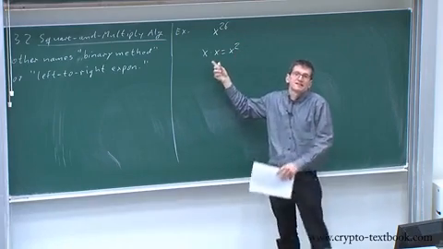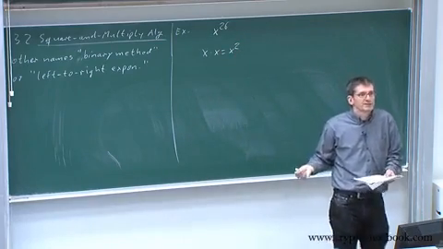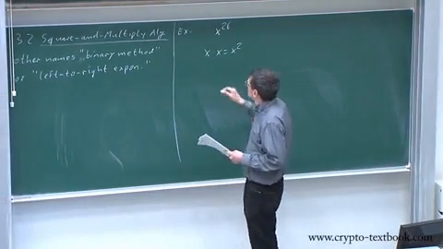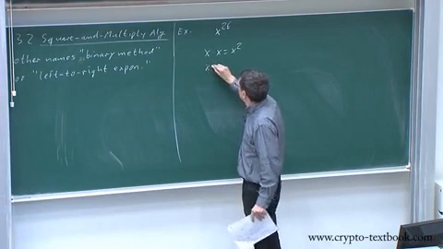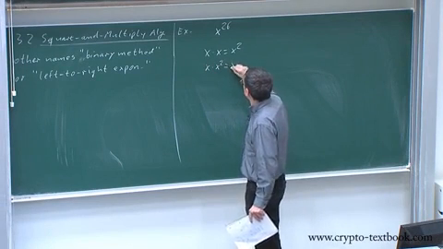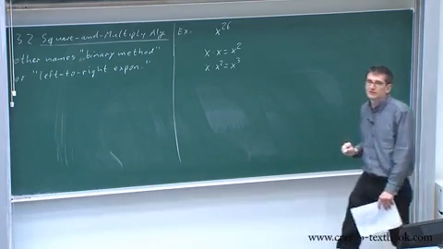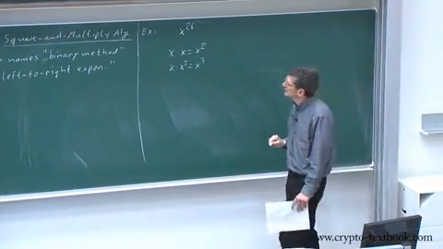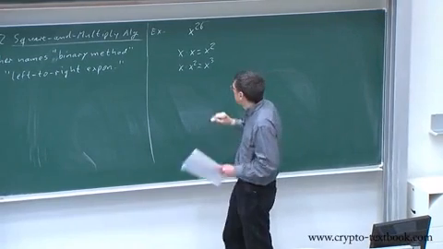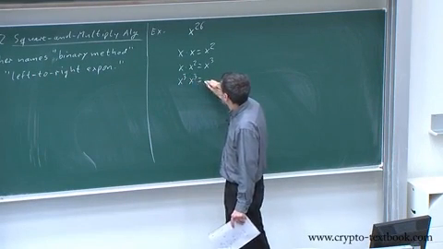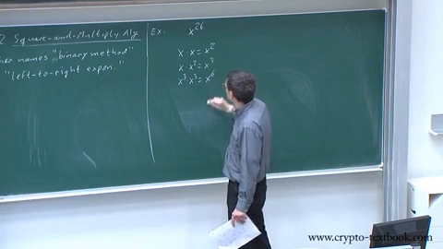Again, when you start with x, the first thing you can do is square. It's pretty much the only sensible thing to do. Then I multiply by x. I get x cubed, x to the power 3, x hoch 3. Now I square, I get x to the 6.